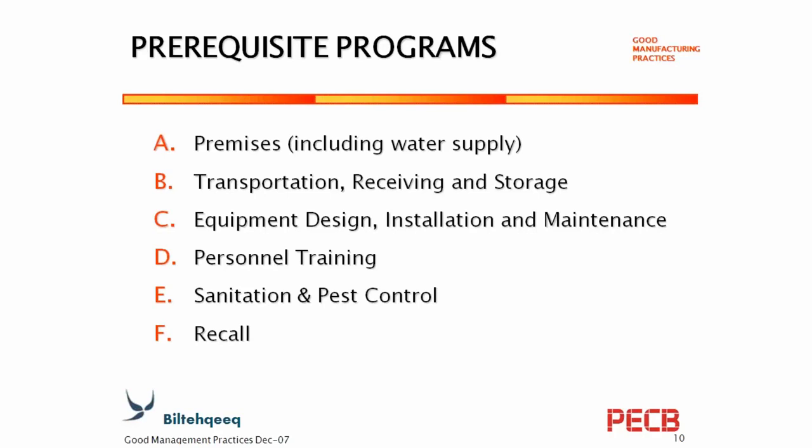So if you are reported or you notice that something bad happened or some non-conformity has occurred after the goods have been dispatched, then you have to have a proper system to recall all the products which have been dispatched.